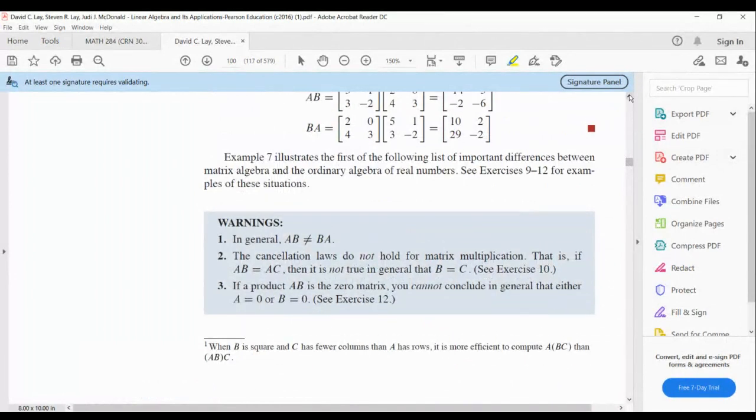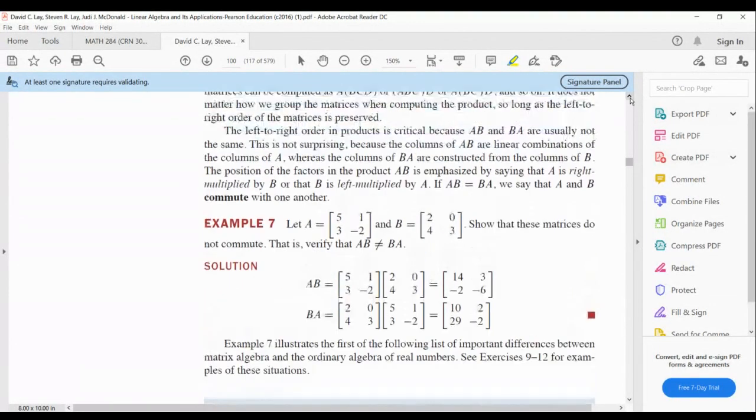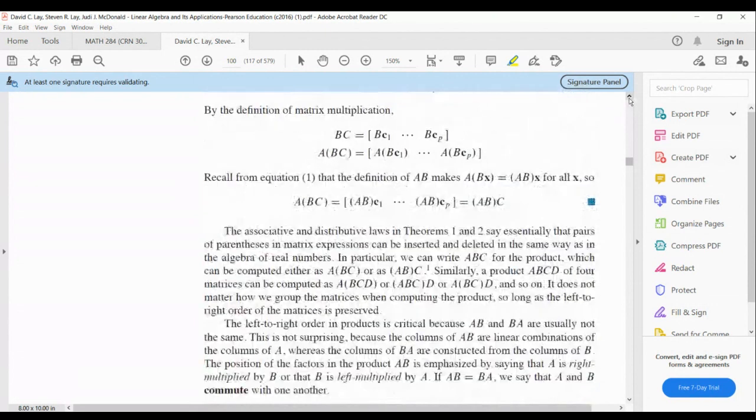Okay, something interesting. Let me ask: if you were to ask somebody, does A times B equal B times A? In other words, let's say you have two matrices, A and B, and they're defined so you can multiply them.